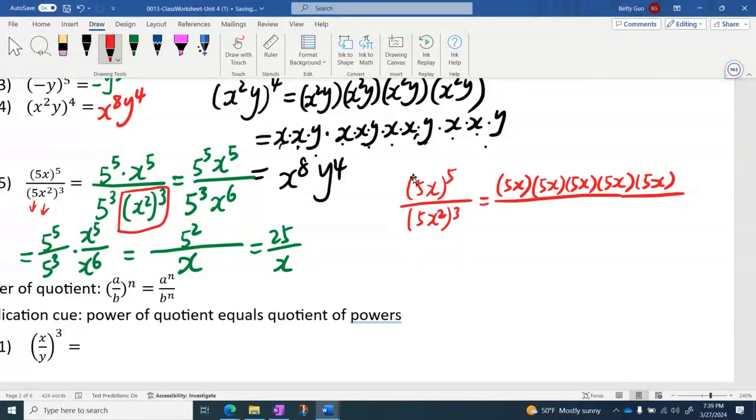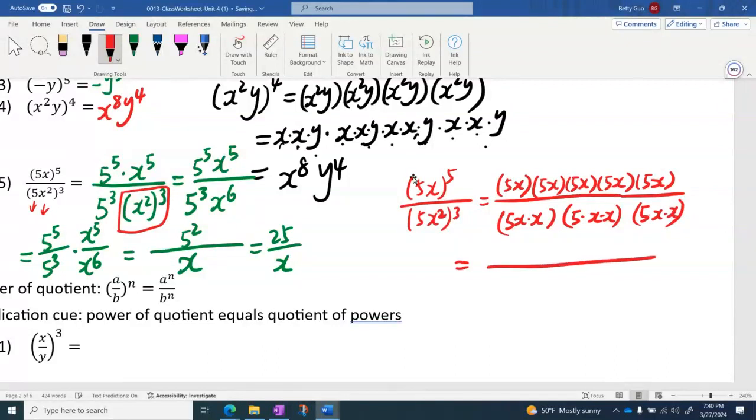Repeat the multiplication. Count, don't miscount: 1, 2, 3, 4, 5. Denominator, 3 of them: 1, 2, 3. The base is used 3 times in the multiplication. And 5x squared is 5x times x, 5x times x, 5x times x.